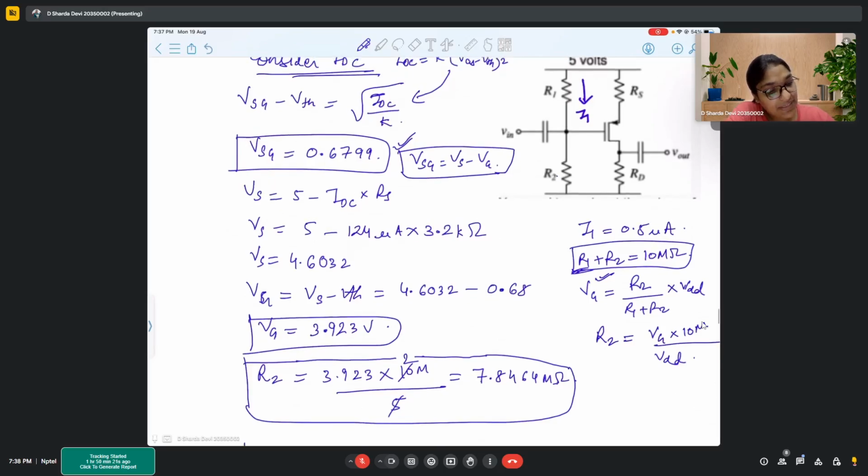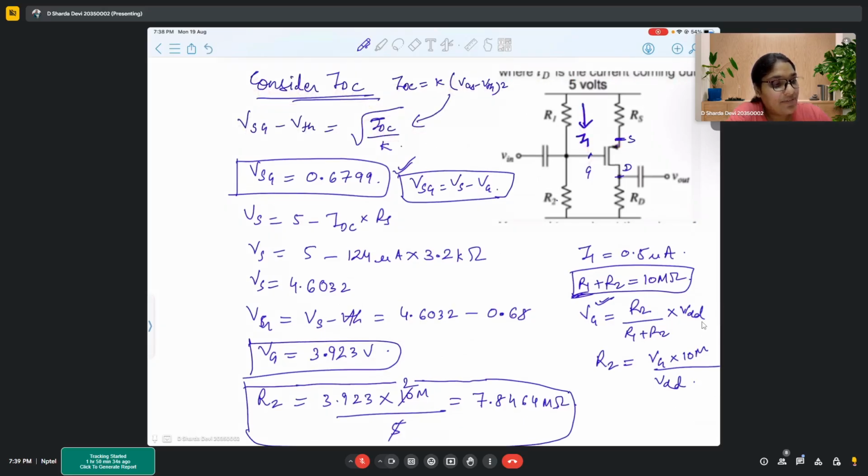So how to write Vs? This is S, this is D, this is G. I want to write the equation for Vs. It is basically whatever the drop across RS, if we remove that from the supply, the remaining voltage is Vs. So that's why 5 minus IDC into RS is Vs. Now you already found out RS in the first problem of this set, and IDC is already known. From there we find that Vs is this much.